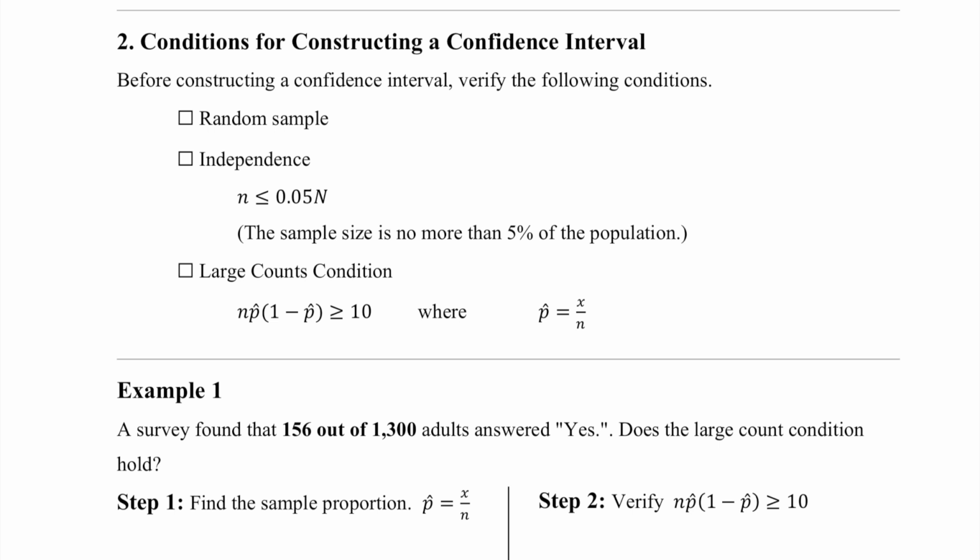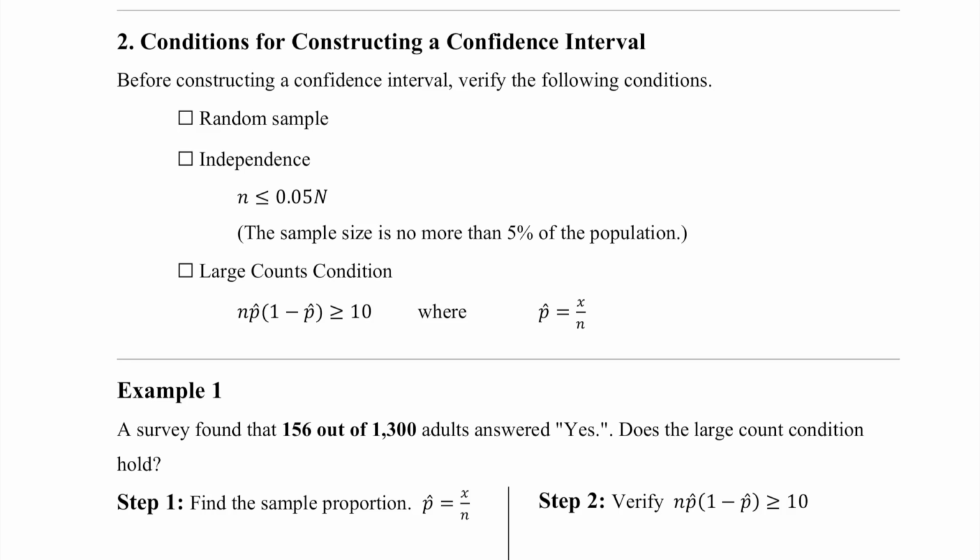Before we construct a confidence interval, we need to verify three conditions. First, the sample should be random. Second, the observations should be independent. We usually check this by verifying that the sample size is less than or equal to 5% of the population size.